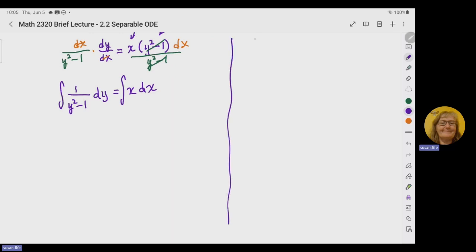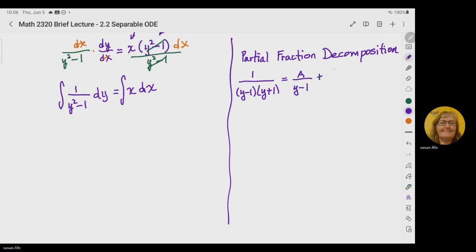Off to the side, I'm going to do partial fraction decomposition. You should have done this in your calculus class. I know that y squared minus 1 is y minus 1 times y plus 1. And so I can break up this fraction into the sum of two fractions, a over y minus 1 plus b over y plus 1.